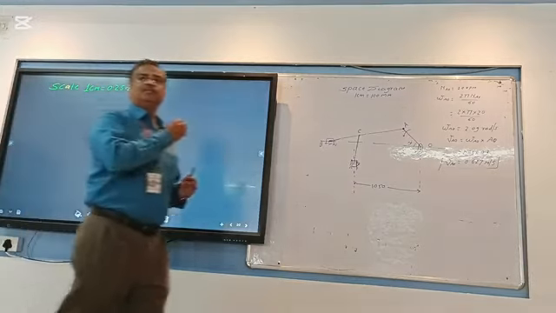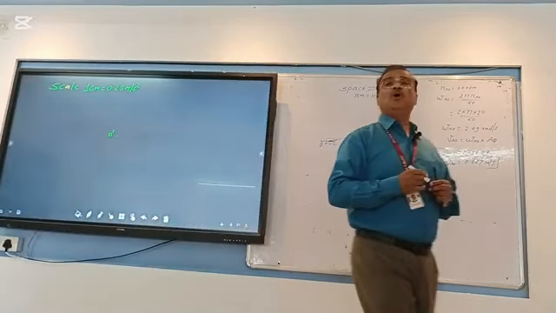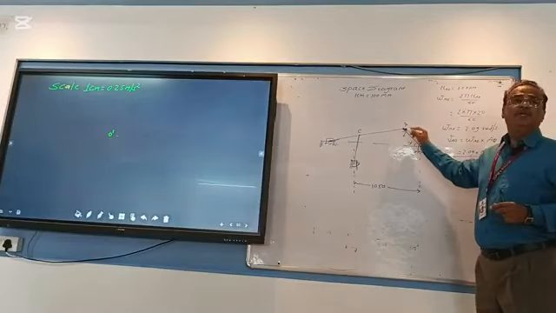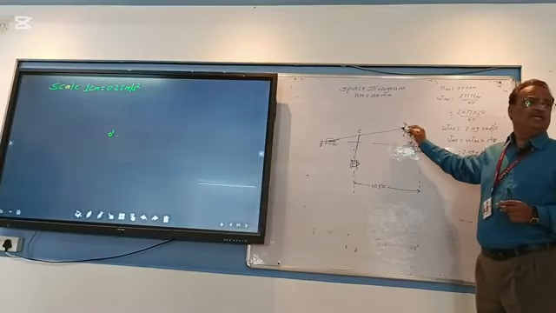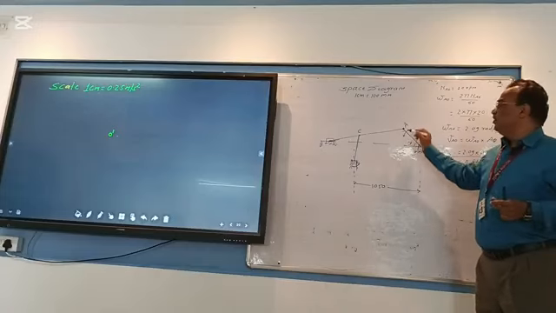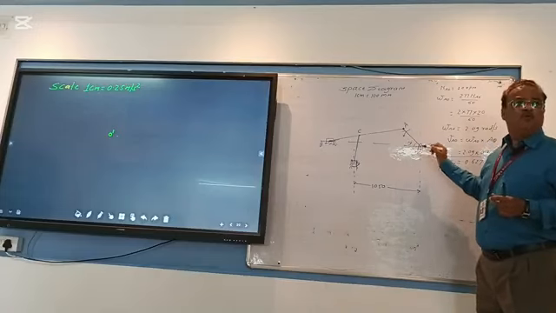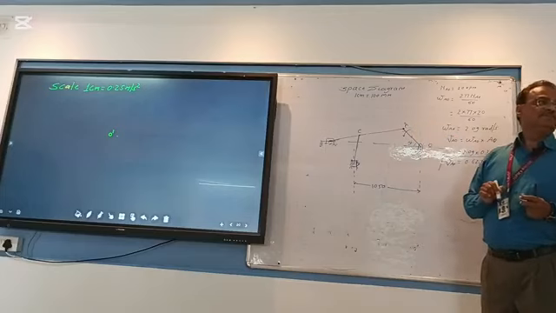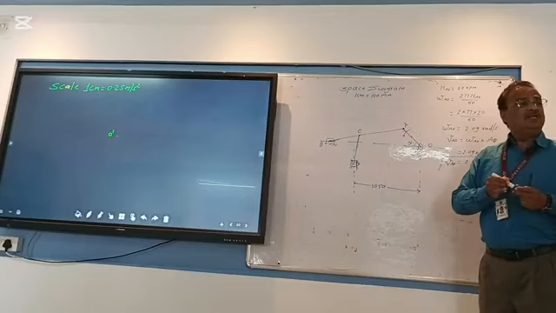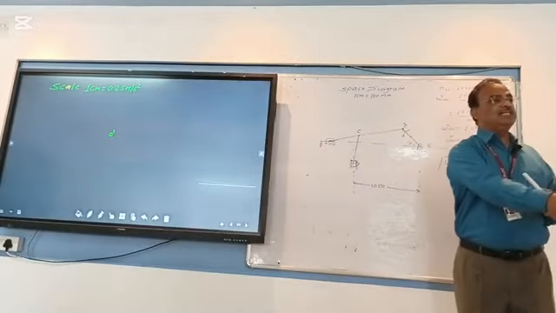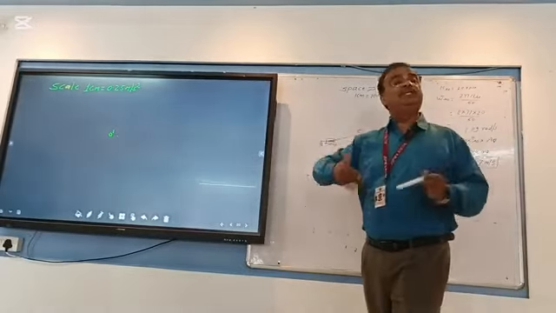Now come to your first link. You are about to draw the acceleration for the link OA. How many components of acceleration for OA? Only one. Which is that? Radial. Which is the center of OA? O. So my arrow moves toward the center. Now after imagining that arrow is going toward the center, you have to read it.